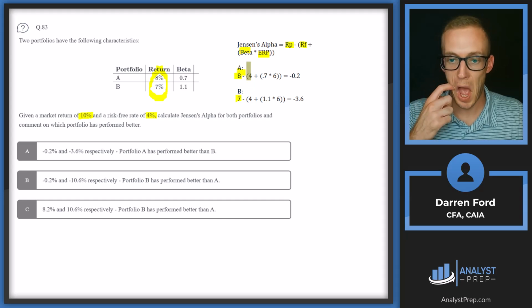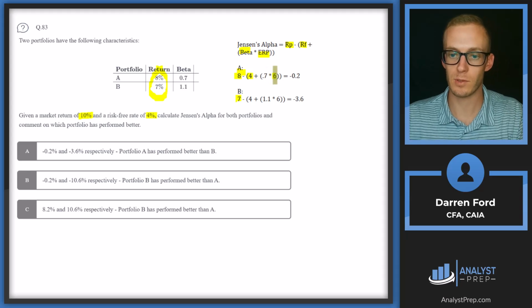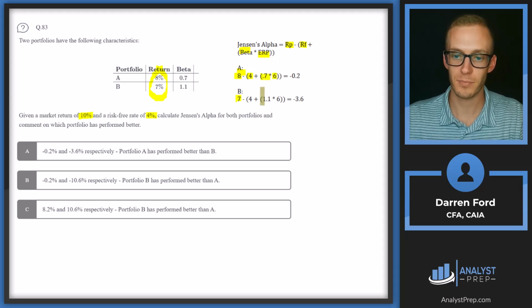So we've got 4, and the risk-free rate and the equity risk premium are going to be the same in both instances. The difference here is the beta. So portfolio A ends up at minus 0.2 and portfolio B ends up at minus 3.6. So investor A has done a lot better.